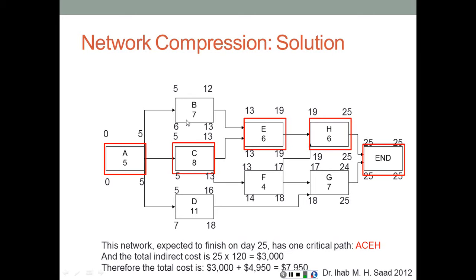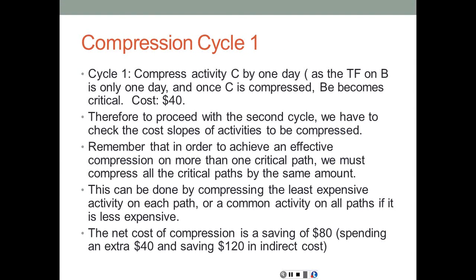So we're going to create a new critical path going through A, B, E, H. So this is the first cycle. Activity C is compressed and B will become critical, with the cost of compression being $40.